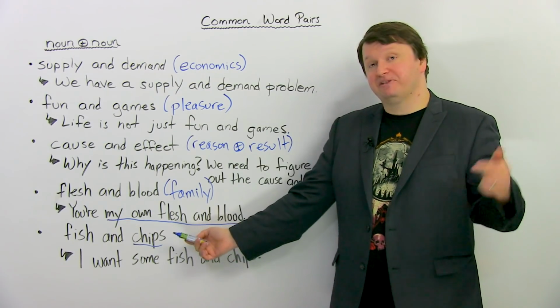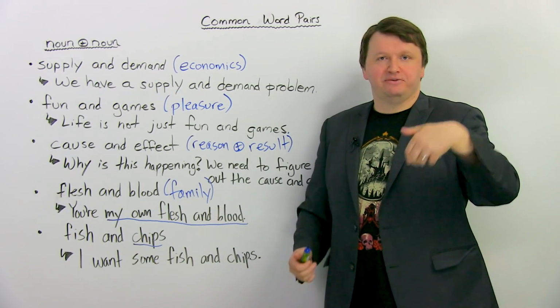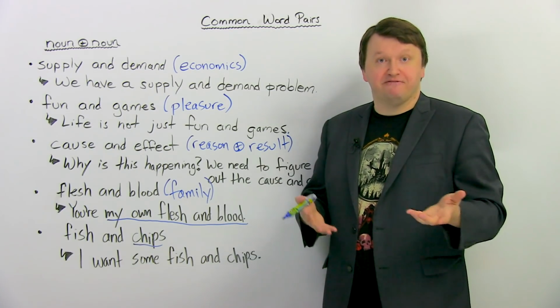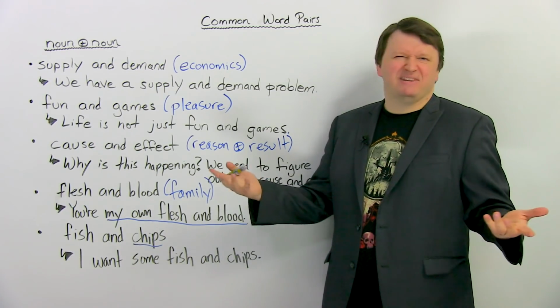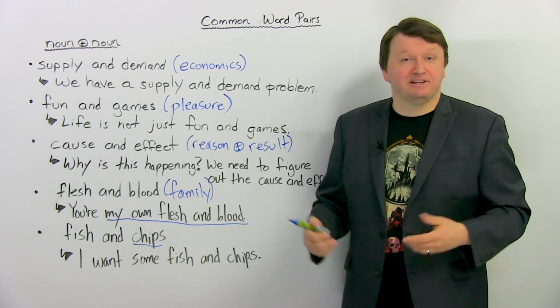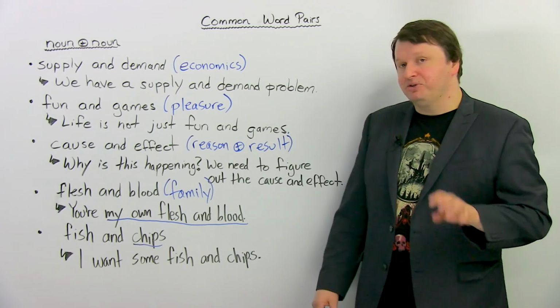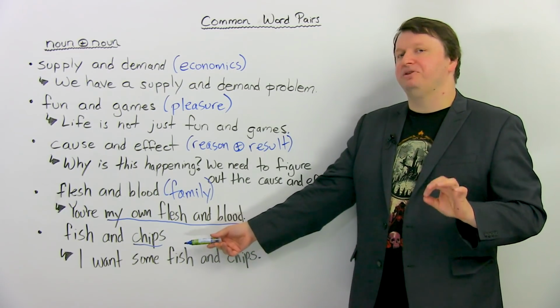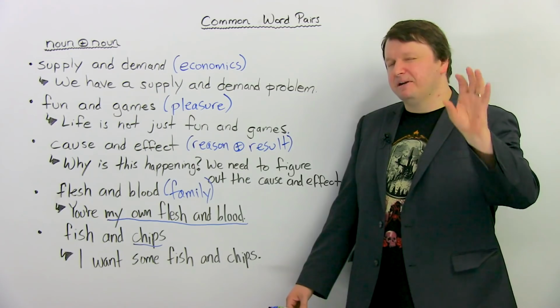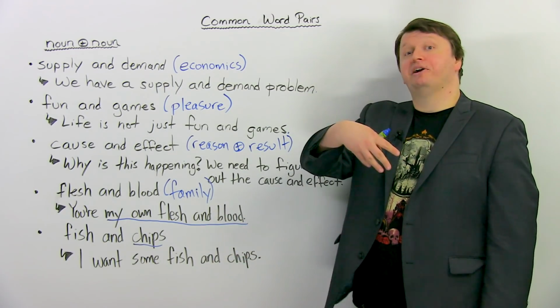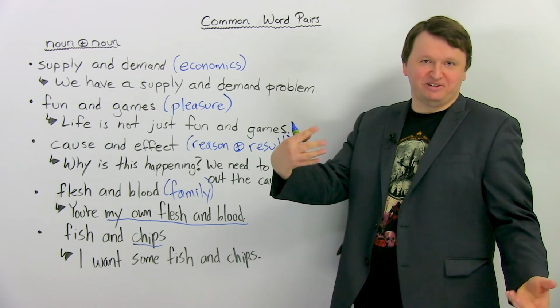But even if you come to Canada, for example, if you say, I want fish and chips, people know you mean fish and fries. So even in the States, if you go to the US, people know what fish and chips are as well. So don't be afraid. Don't think that it's only used in England or only in parts of the UK. People on this side of the water know what fish and chips are too.